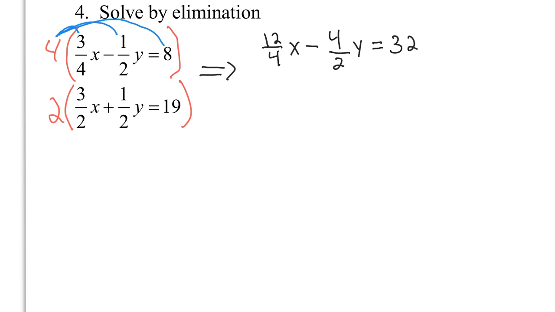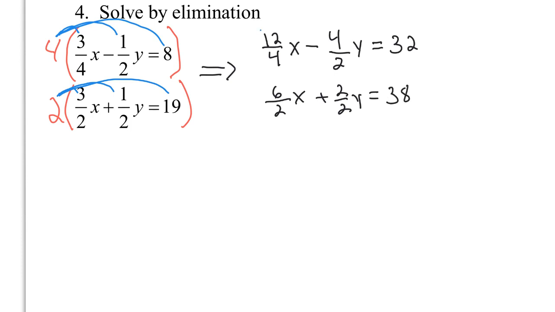On the bottom, same thing. You are going to distribute the 2 times the top, 3 times the 1 on the top, and 19. And if you have the fraction, you keep the denominator. So we have a 6 over 2x plus a 2 over 2y, and you multiply 2 times 19, and that is 38. So we put the 38 here. Now you guys can simplify.